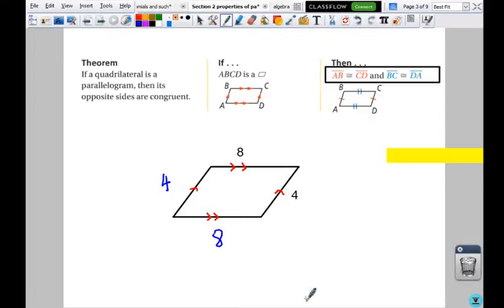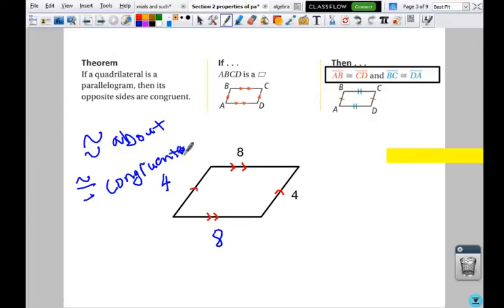Wait, I have a question. What does that mean when the equal sign has both of them squiggly? That means about. It means you either rounded or estimated or something. Oh. So this is about, this is congruent. Is there another one?